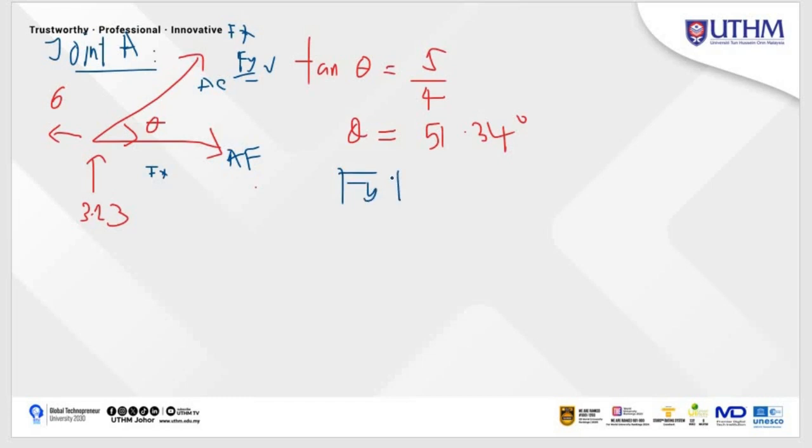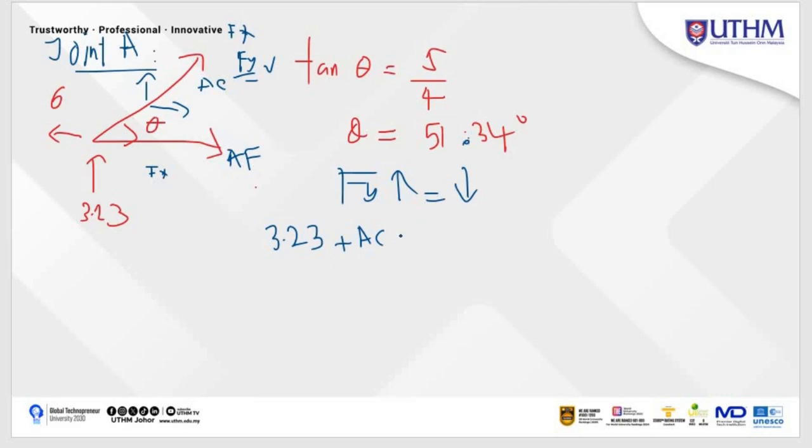Using the equation of equilibrium, upward equals downward in the y direction. Upward, we have 3.23, which is the support reaction, and we also have AC in the upward direction. So we have AC times the angle 51.34.